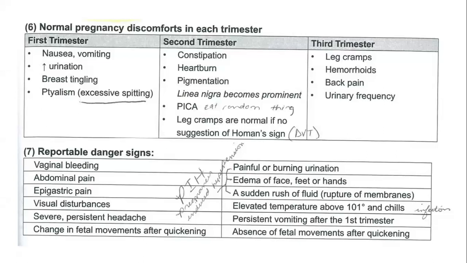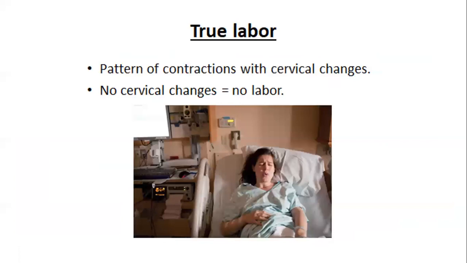Also severe or persistent headache, change in fetal movement after quickening, painful or burning urination, edema of the face, feet or hands, sudden rush of fluid, which is rupture of membrane, called premature rupture of the membrane. Elevated temperature above 101 indicates infection. Also persistent vomiting after the first trimester and absence of fetal movement after quickening.